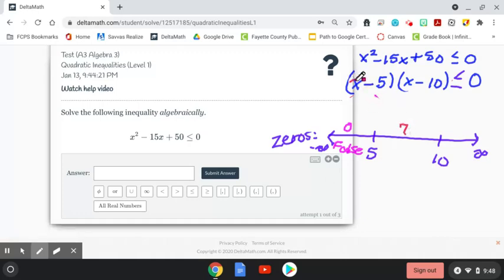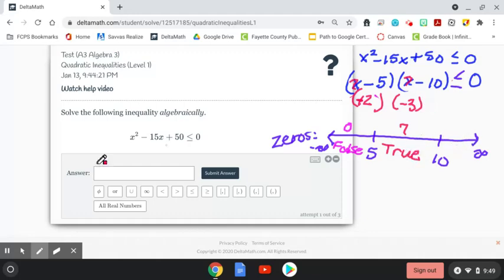If I put a 7 in for the x here and a 7 for the x there, do I get a true statement? 7 minus 10 is negative 3, and 7 minus 5 is positive 2. Positive 2 times negative 3 is negative 6, and negative 6 is less than or equal to 0. So the numbers in this interval make the inequality true.